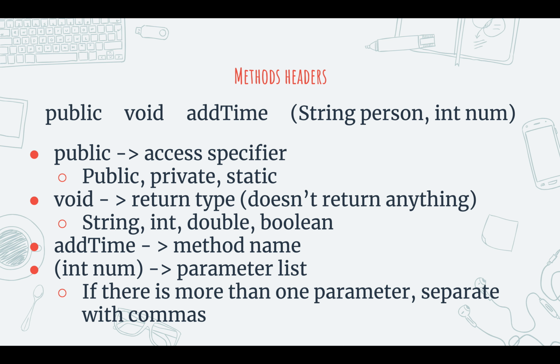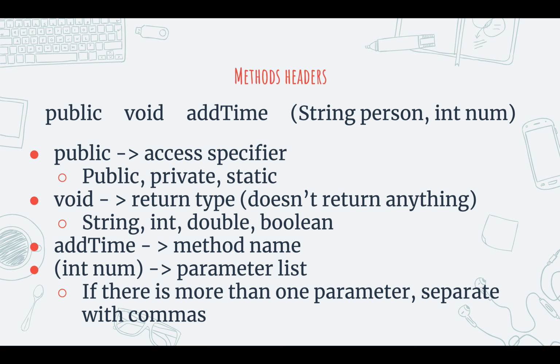Now, if it was a private method, it becomes a helper method, meaning that it doesn't get invoked by a driver class. If it was a class outside of it, we can't access a private method. Rather, we can't invoke it through simply calling it.